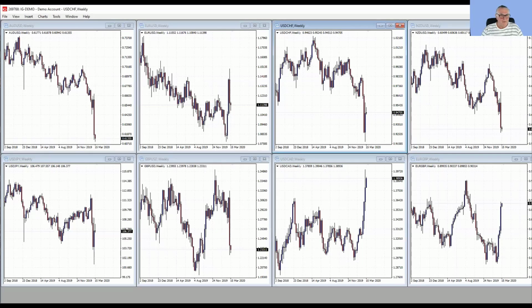Profiles, and we'll go to the currencies. No, not currencies. Index charts. Okay, there we go.